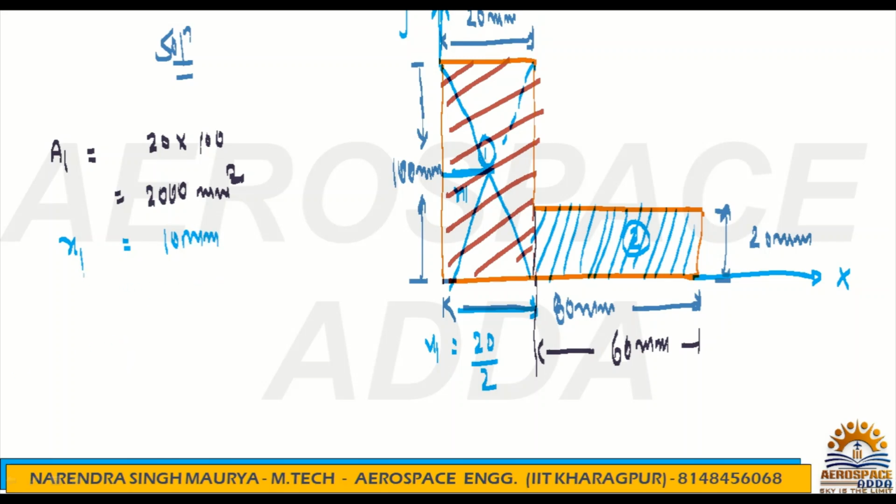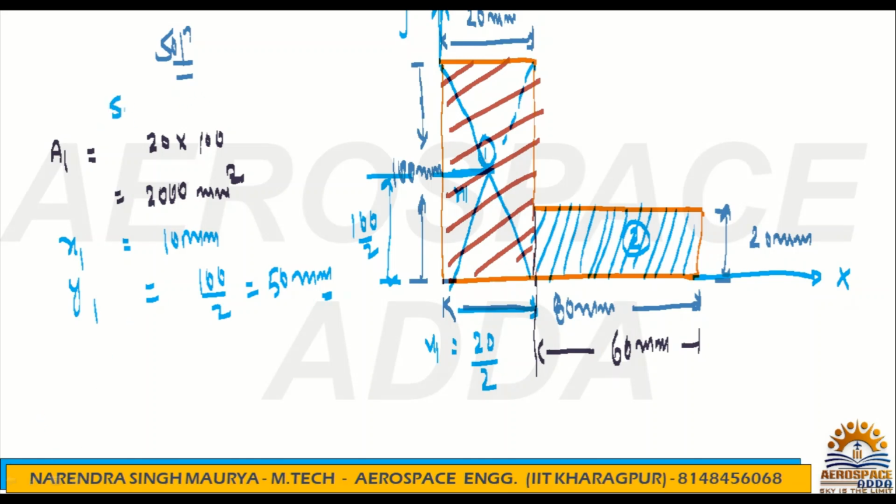Similarly, we can find y1. As I told you, this is not symmetric about x axis or y axis, so we have to calculate both x and y centroid locations. What will be y1? The total vertical length is 100, so 100 by 2, that is y1, 50 mm.